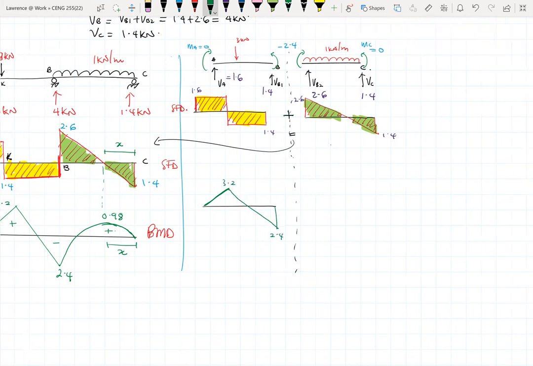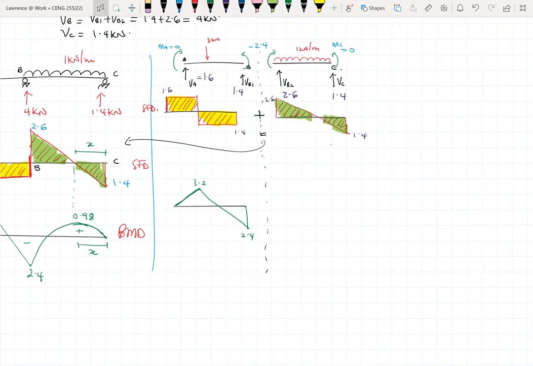Then assuming you don't know whatever happened on the left, you do the same for the right. We're almost done with it, and then we can end today's class. For the right, you have a minus 2.4, so that's a hogging moment, so that would be negative.